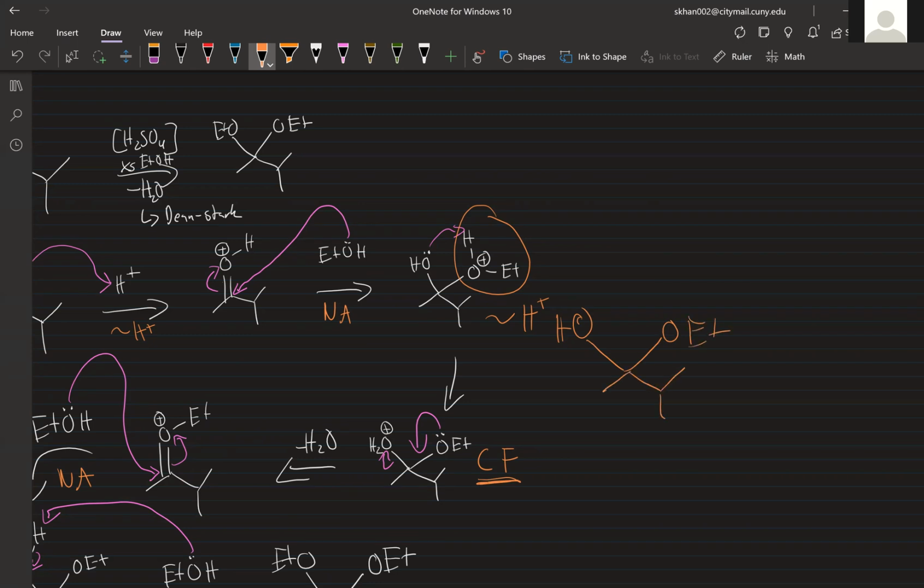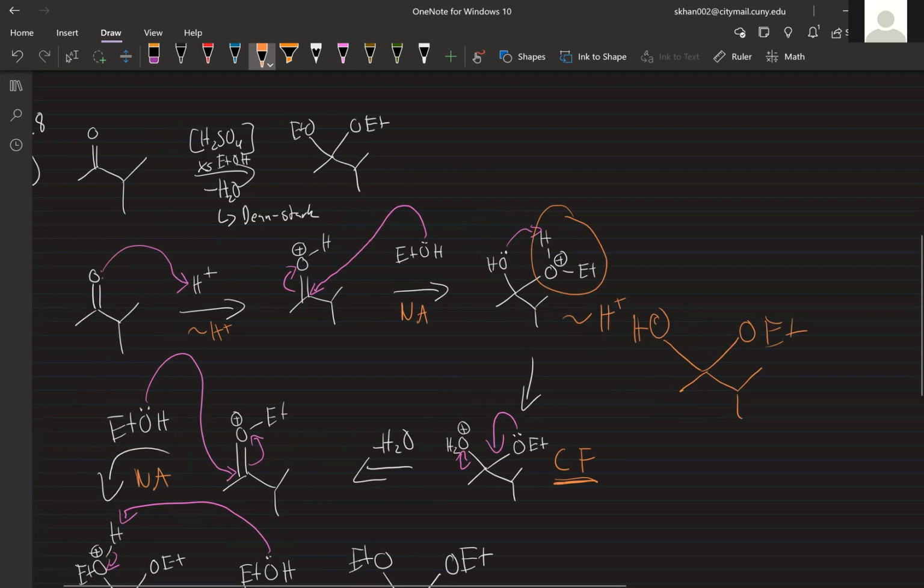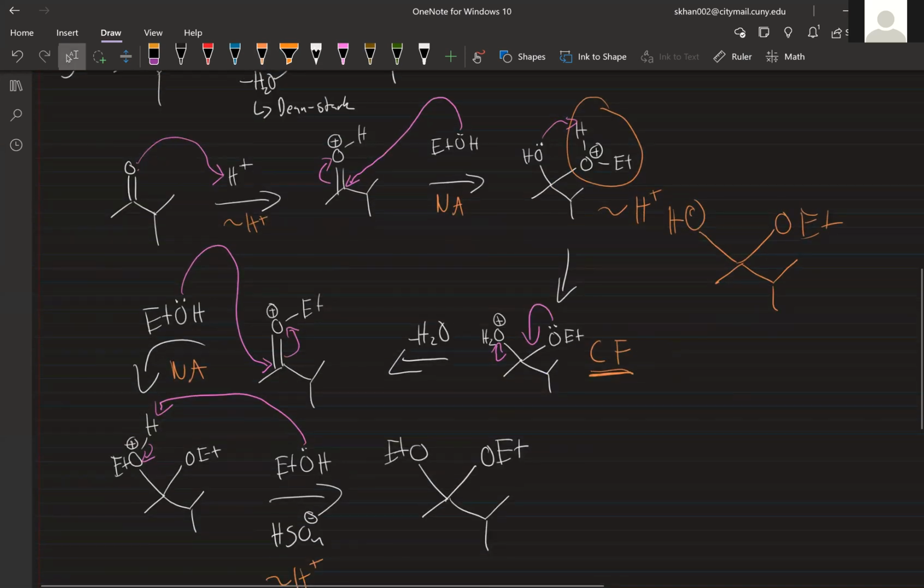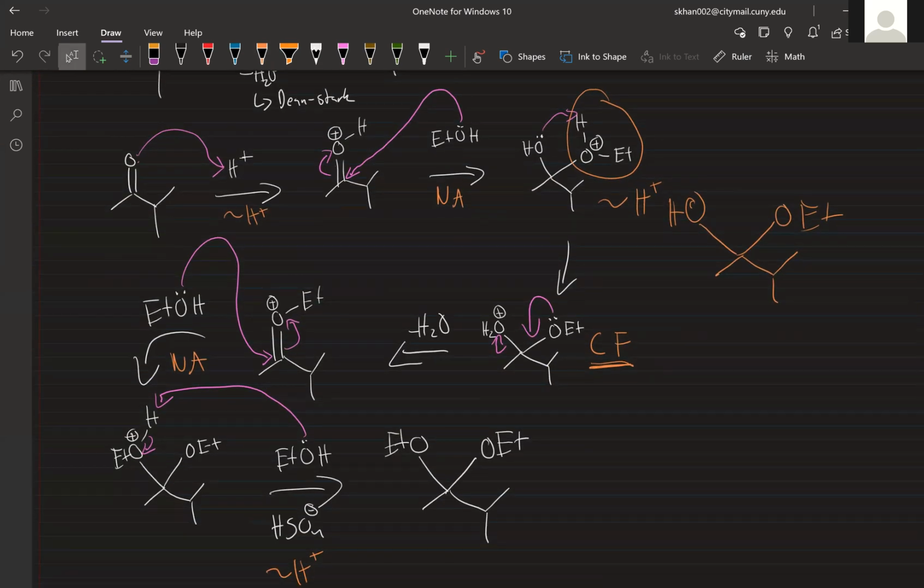If you didn't have an excess, you probably would still go towards the acetal. Open chain hemiacetals are extremely unfavorable, right? They're not exactly very stable. That's why it's just one of the intermediates. If you didn't have an excess amount, you'd probably just have a small amount of your product and you'd probably still have your original carbonyl.